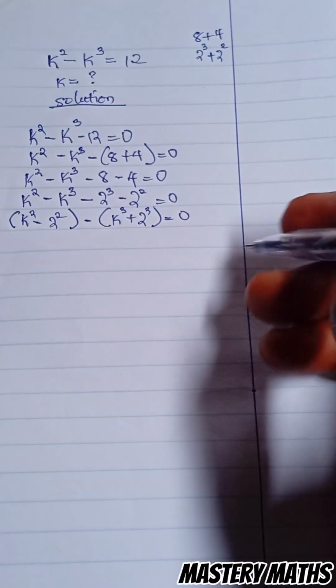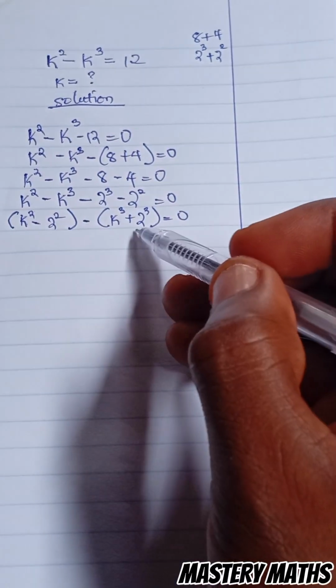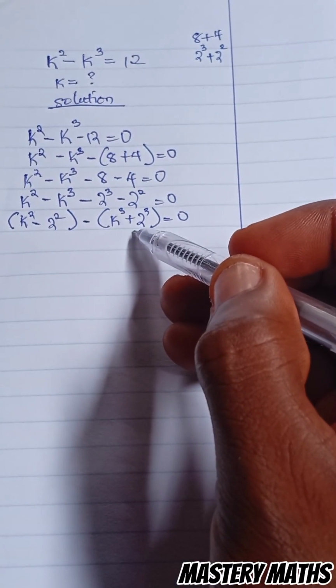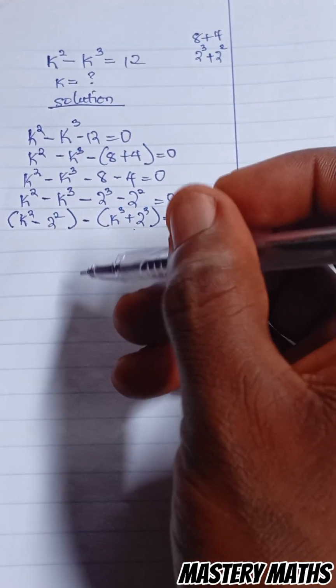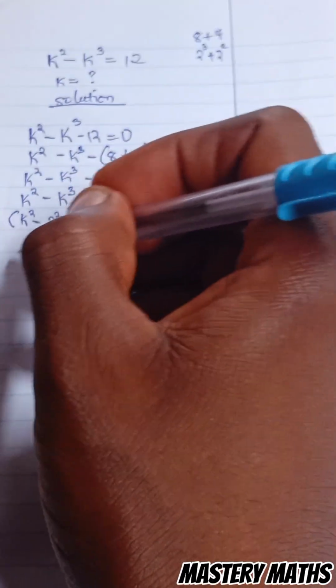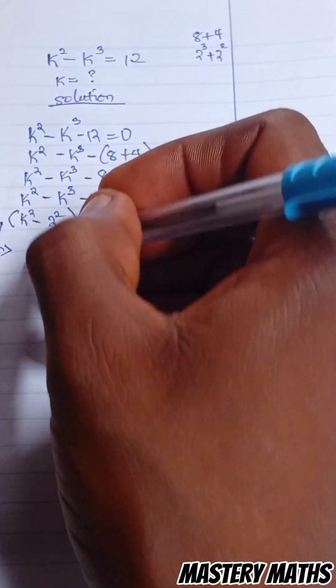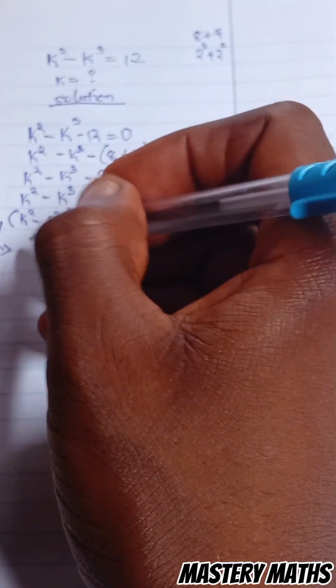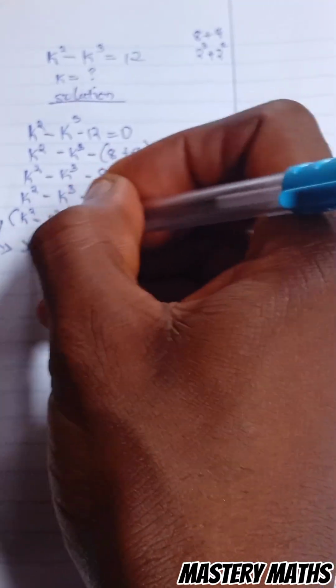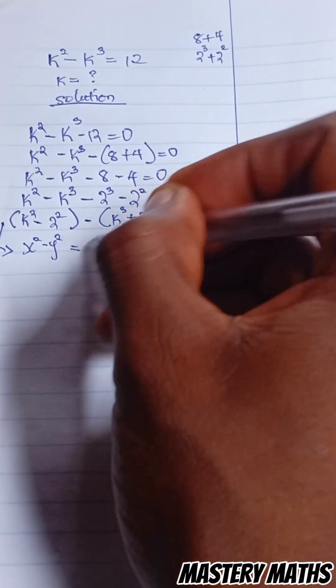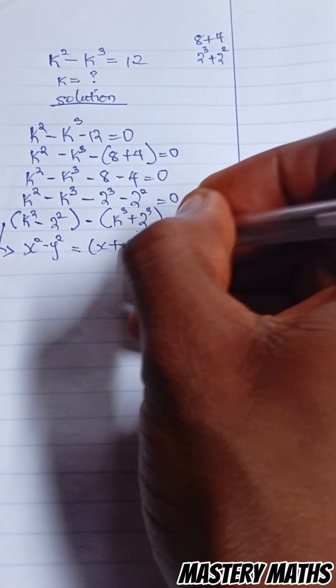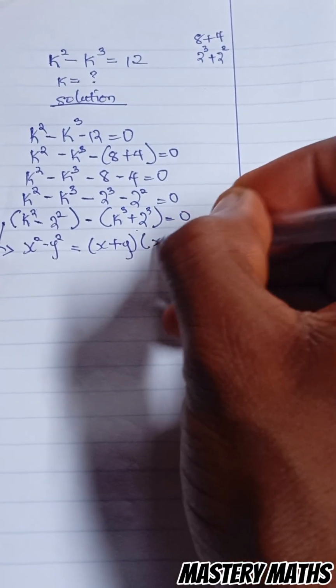Now, having done that, we have the difference of two squares, and the same thing here with cubes on the other side. Now, let's bring them out one by one. Let's take first the difference of two squares. If you take the difference of two squares first, you see we have x² minus y², which gives us the formula x plus y, open the bracket, x minus y.